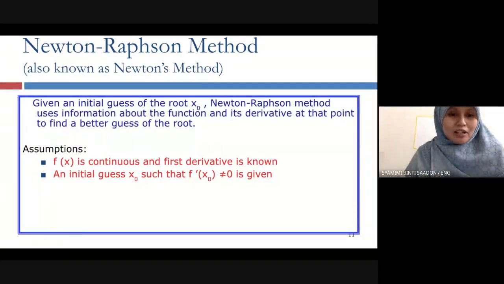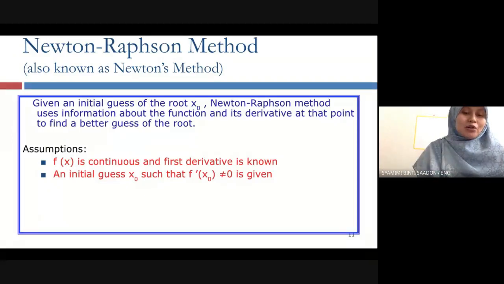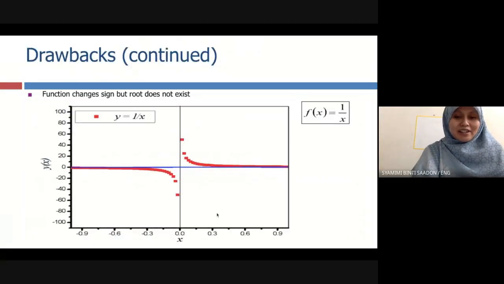Assumptions. To apply this Newton-Raphson method, there are two assumptions. f(x) is continuous and the first derivative is known. f(x) continuous means that, for this function, it is not continuous. We can say it is continuous for x positive and continuous for x below 0, but it's not continuous at x0.